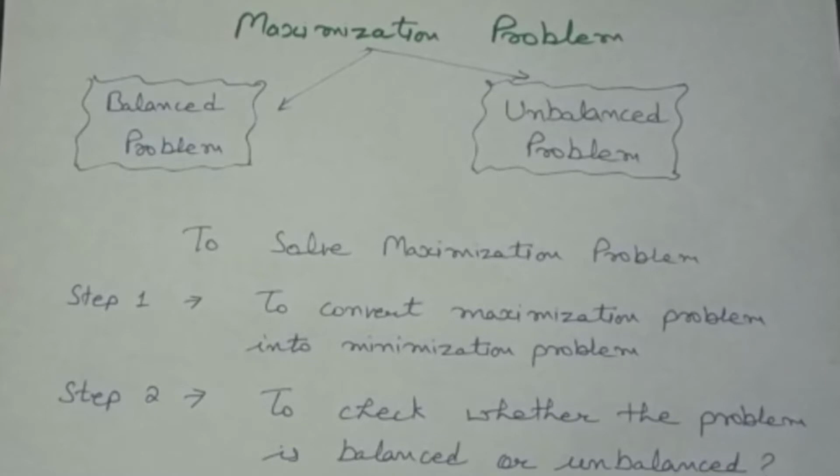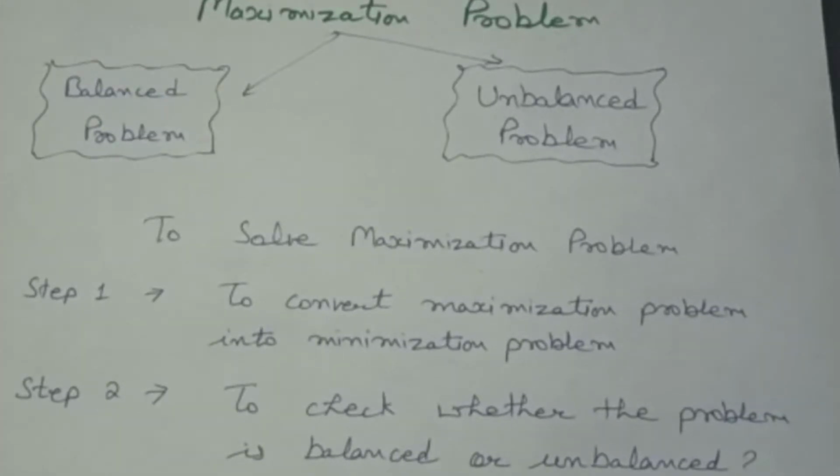We have two types of maximization problem, balanced problem and unbalanced problem. To solve a maximization problem, we will convert it into a minimization problem, and then we will check whether the problem is balanced or unbalanced.